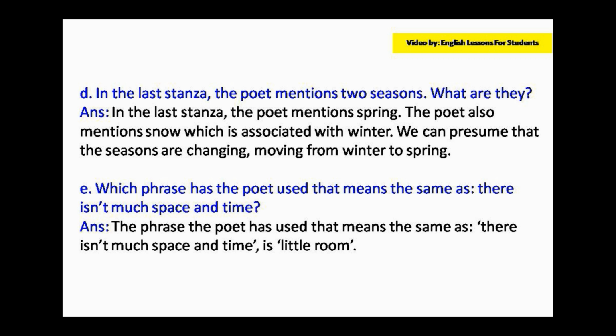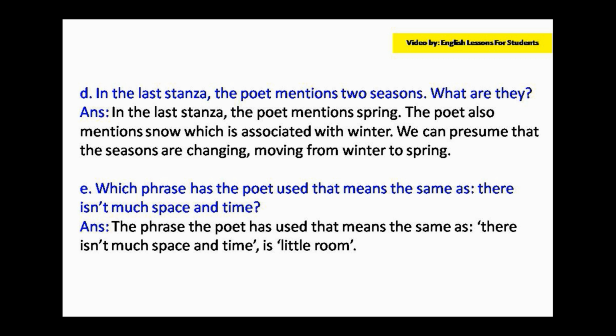D. In the last stanza, the poet mentions two seasons. What are they? Answer. In the last stanza, the poet mentions spring. The poet also mentions snow, which is associated with winter. We can presume that the seasons are changing, moving from winter to spring.